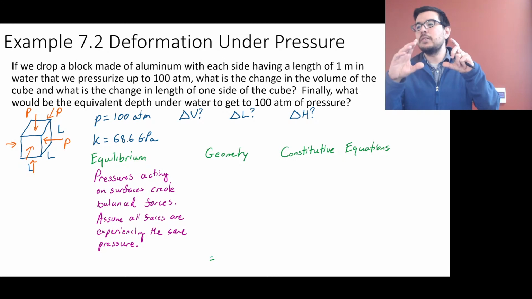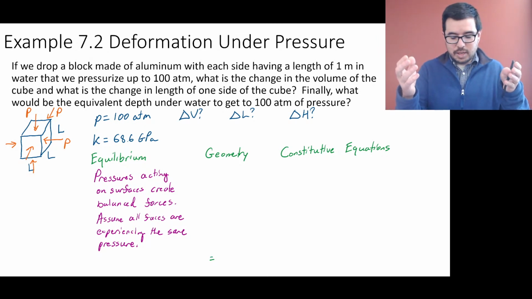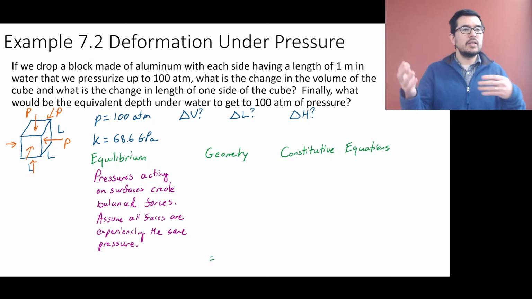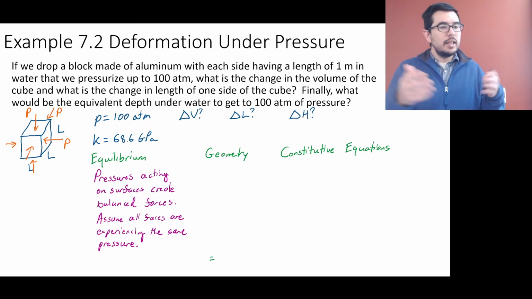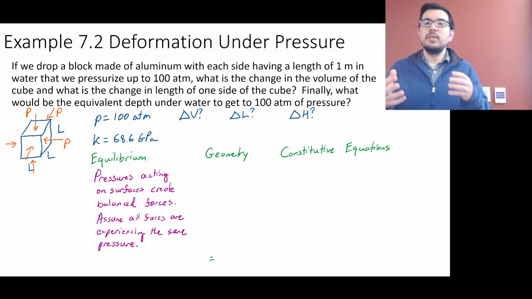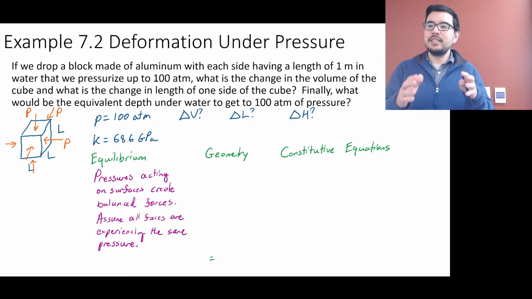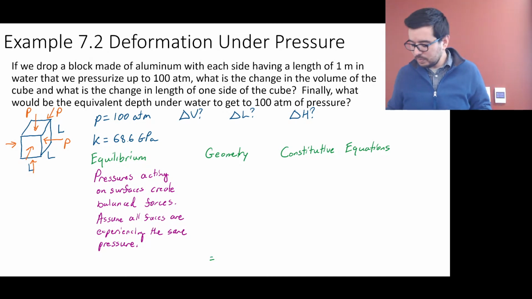If this were a piece of aluminum, which has a specific density of like 2.7, 2,700 kilograms per meter cubed, that's going to be sinking. So don't worry that there's maybe a little bit more pressure on the bottom. It's still going to be on the bottom, and we're going to ignore that difference.